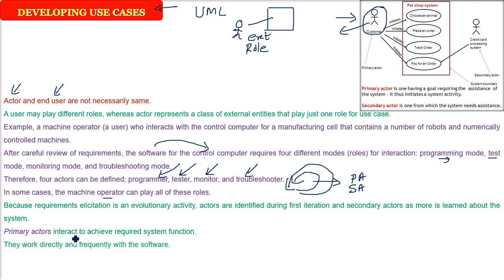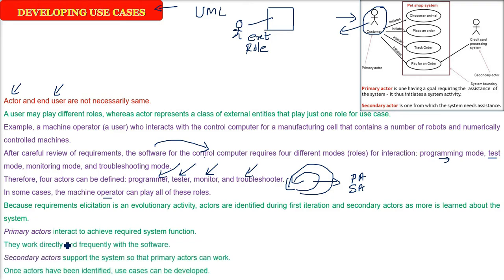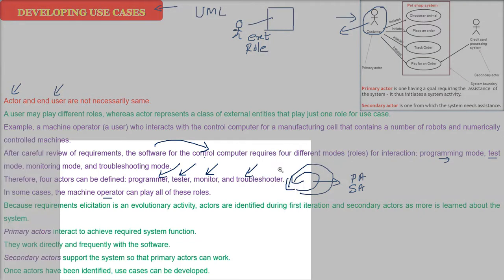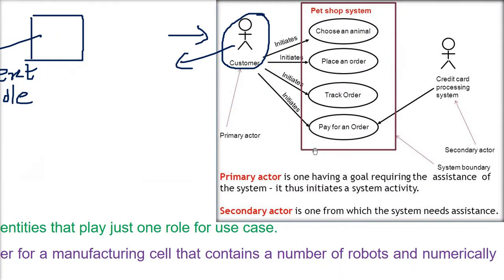The primary actor and secondary actor are the actors you need to put in use cases, and the primary actor is the one who is going to interact directly with the system, frequently, again and again. The secondary actor will be helping the primary actor to get his or her activity, or a system activity, done. An actor can be a human being, an actor can be a system.